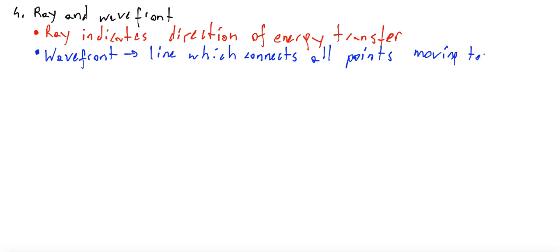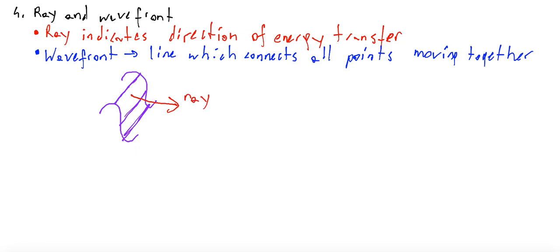What does it mean? Let's imagine a sea wave. I'm going to draw it in 3D. Here we have the top of the wave, the middle part of the wave, the bottom of the wave, and let's imagine that this sea wave travels in this direction. The arrow I've created is a ray because it shows the direction in which energy is transferred.